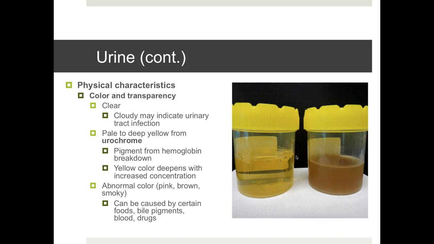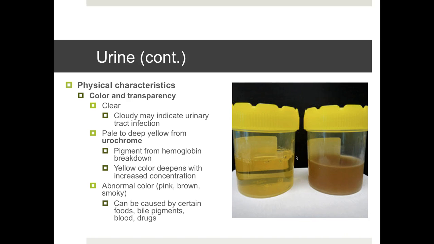Urochrome is a pigment from hemoglobin breakdown, and that yellow color is going to deepen with increased concentration, which is why we get an orangey or very bright yellow when we have high concentration of solutes.